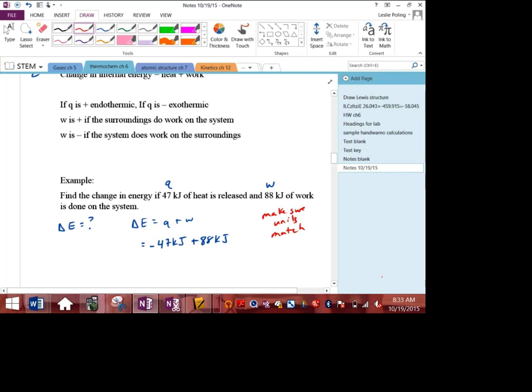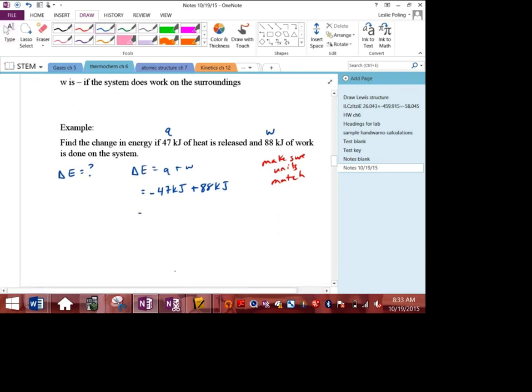We'll see some problems, maybe in the next time we come back to thermo, where one of your values is in joules, one of your values is in kilojoules, and you have to make sure they match before you can add them. Okay, so we add those. And what do we get? Positive 41 kilojoules. Okay, which actually turns out that that's exactly the same thing as number 31. Hey, but that's all we were doing in number 31, was just applying this equation.